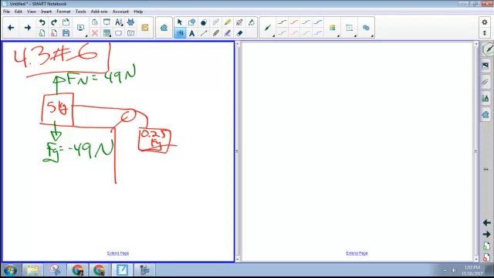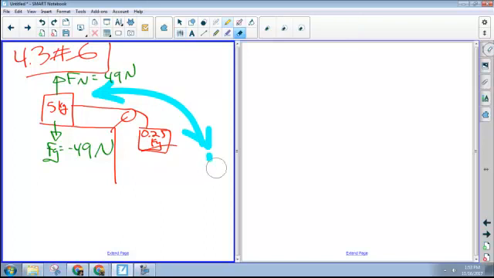Was that too hand-wavy? What I'm saying is I haven't yet decided which way is going to be positive and which way negative, because the motion is going to be in one of these two directions.